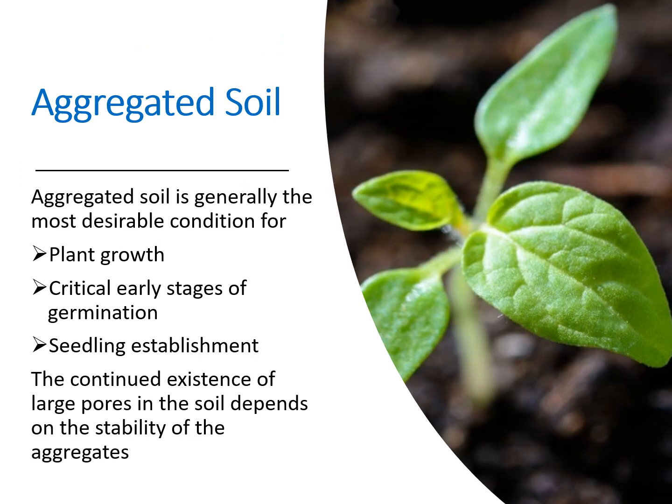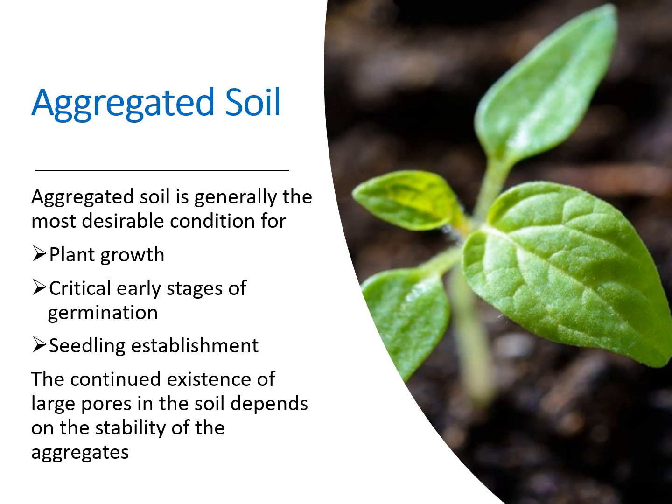Aggregated soil is generally the most desirable condition for plant growth, for the critical early stages of germination and seedling establishment. The continued existence of large pores in the soil depends on the stability of the aggregates. So this is again soil structure. We need aggregated soil for crop production, for better plant growth, especially the germination and seedling establishment stages.